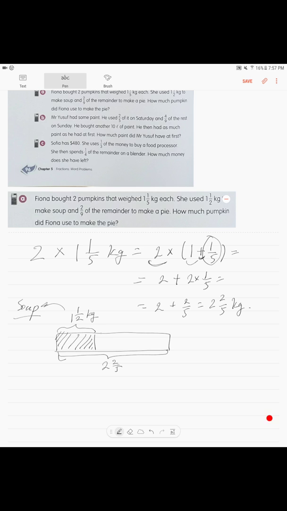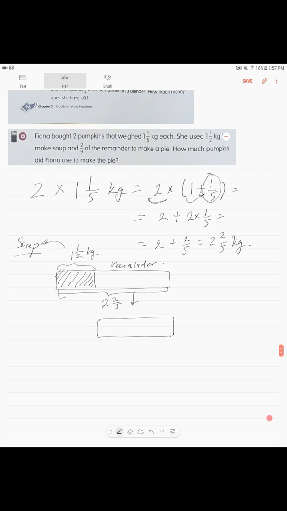Now we talk about the remainder, which is this guy, remainder, right? We can even draw this unit again, okay? So they tell us 2/9 of the remainder. What does that mean?